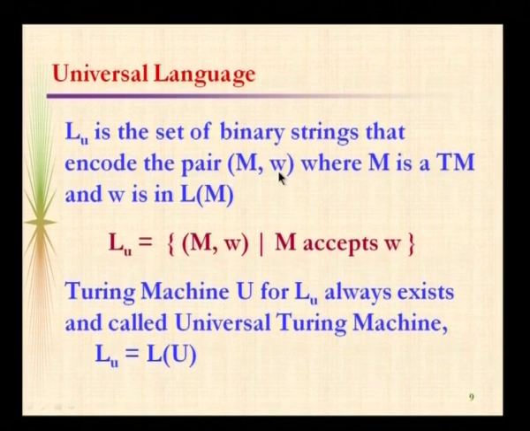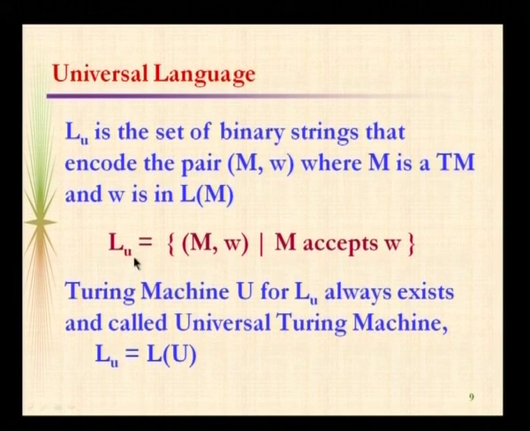But in the case of the universal language, we find the pairs M, W. We will include the strings M, W into the language called LU, but it is not required that M and W must be the same; the condition is that M should accept W. So if you take a pair, that is a Turing machine and an input W, and W is accepted by M, then it is not M exclusively or W exclusively, but the pair M, W that will be in the set, and that set of strings will be called the universal language.